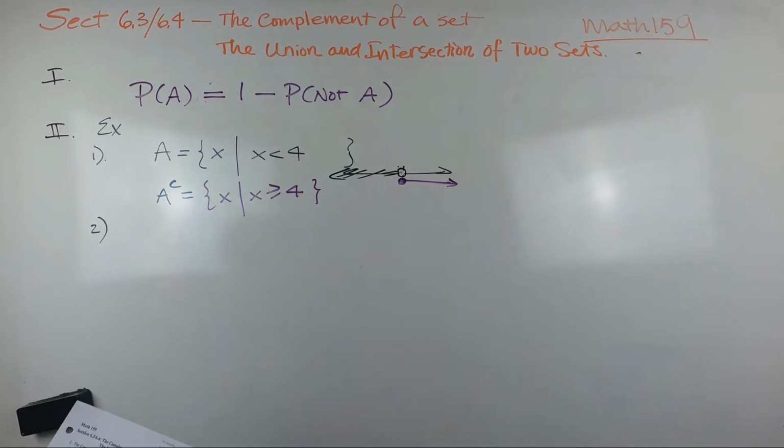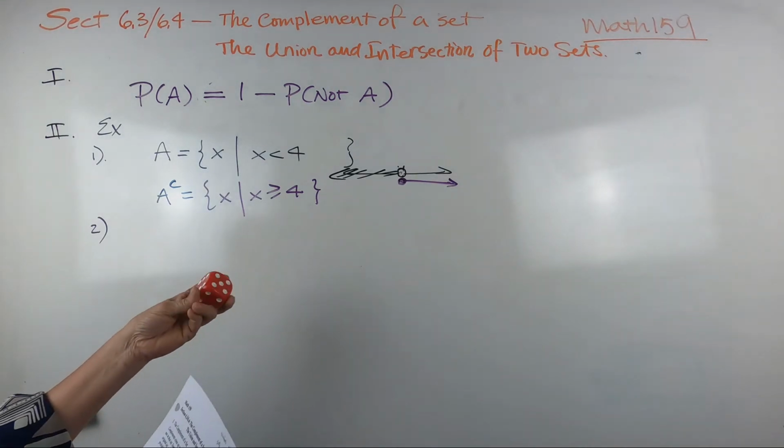It says, when computing probabilities, the complement is sometimes much easier than the original set. For example, suppose you roll a die 6 times and want to find the probability that the number 3 comes up at least once. Find the complement of this event, right?